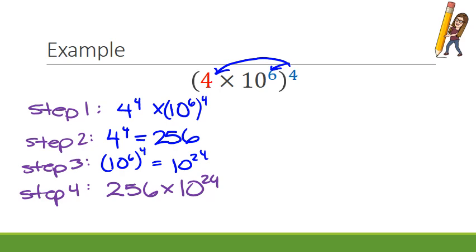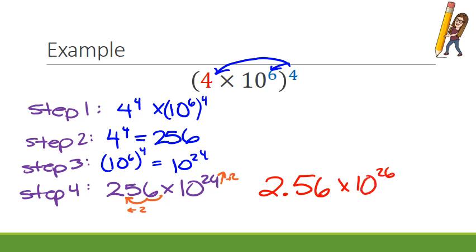It's not. I have to do a little bit of moving. So currently my decimal's here. I'm going to move my decimal left twice, which means I need to increase my exponent by 2. So my final answer is 2.56 times 10 to the 26th. It's a big exponent, and that's okay.